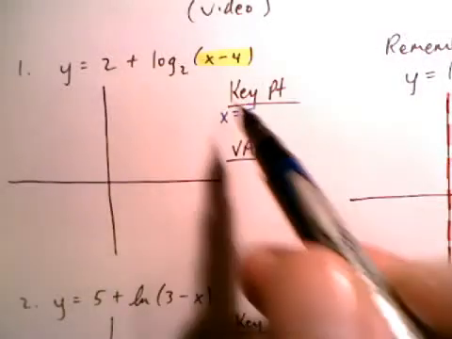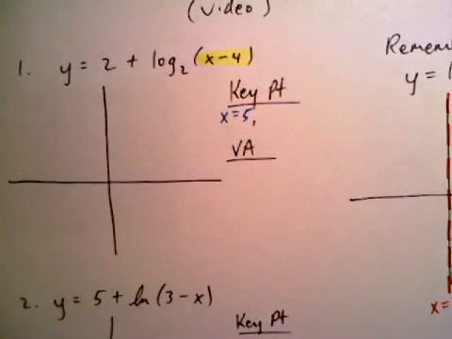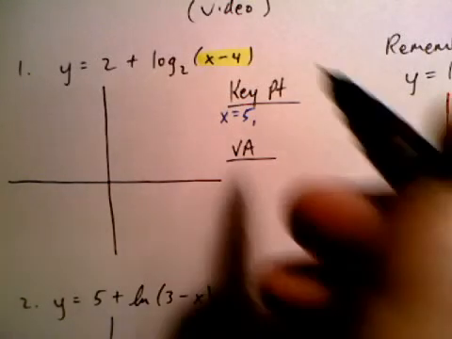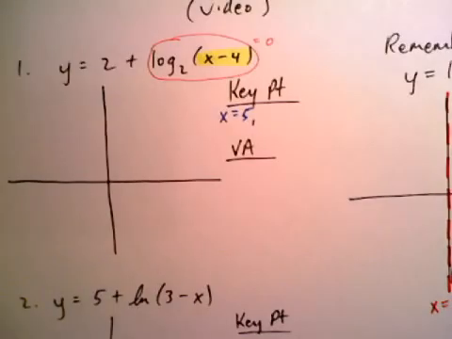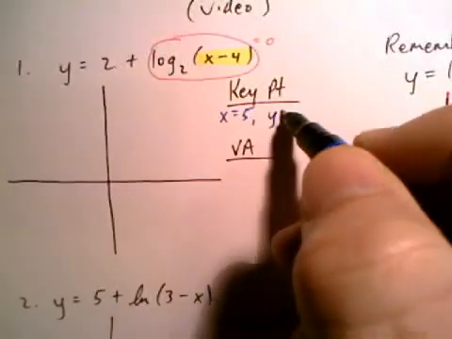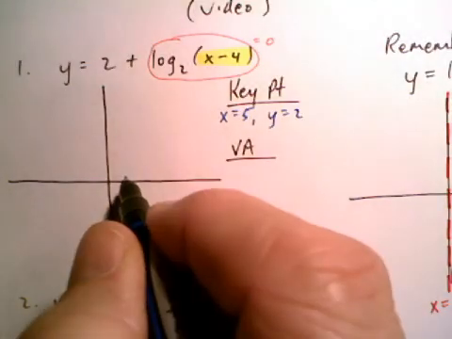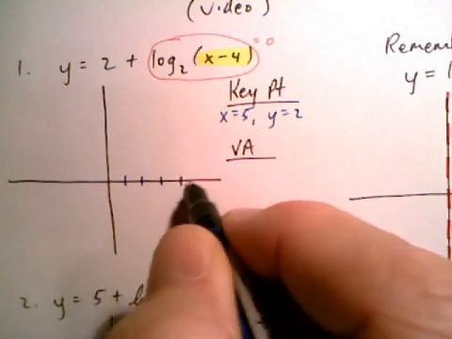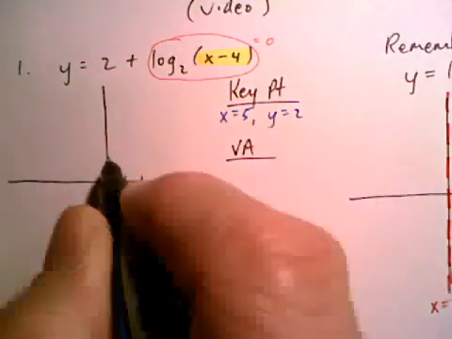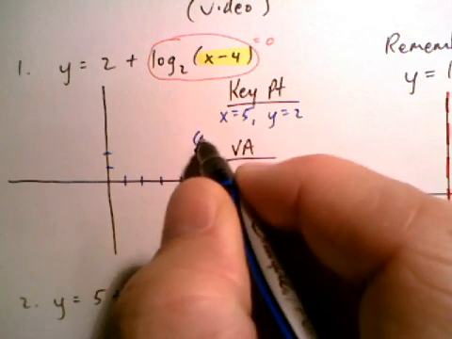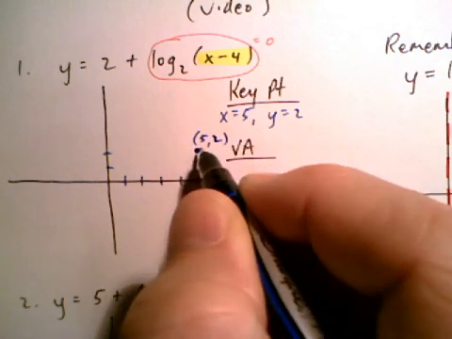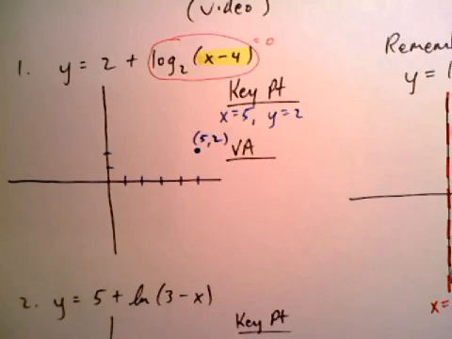So that means that when x is equal to 5, that entire log expression goes away and becomes 0. So if that's 0, then we get y equals whatever's left over, y equals 2. So we get the point (5, 2), which is right there. So (5, 2) are the coordinates of the key point.